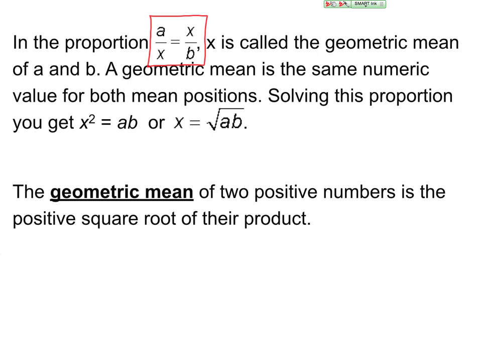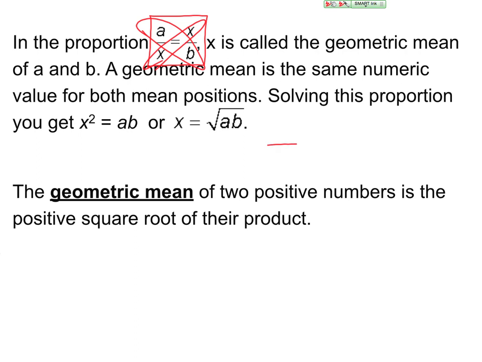It actually has to do with similar triangles, and we'll look at those similar triangles from lesson 8.1 in another day or two. But the geometric mean, remember which are the means and the extremes? The two x's are in the means locations. A geometric mean is the same value for each mean position in that proportion. So the A and the B are the two numbers that you're interested in.